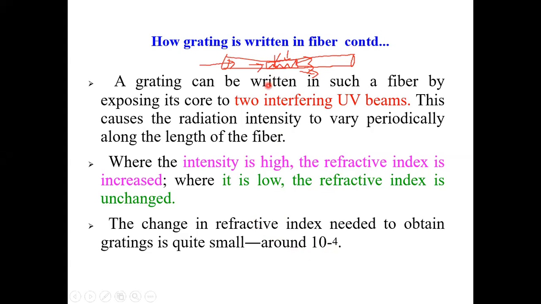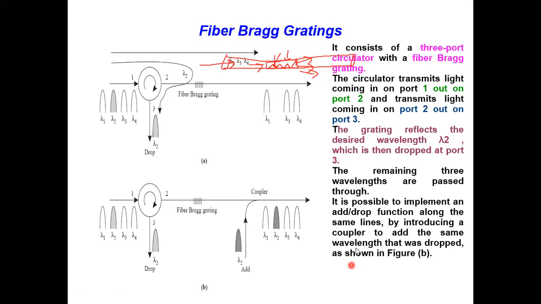Sometimes even in theoretical calculations we neglect those terms, because with a refractive index of 1.47, a 10 raised to minus 4 change will not be evident to us. But when I talk about a practical device, that 10 raised to minus 4 change in refractive index plays a great role.